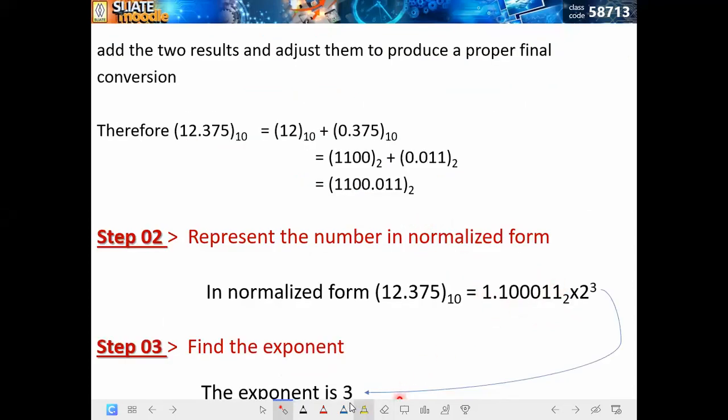So when you convert 12.375 to binary and represent it in normalized form, the fractional part is this one.